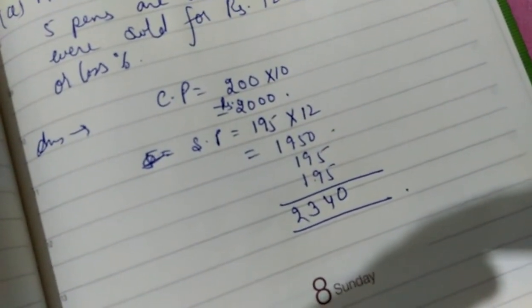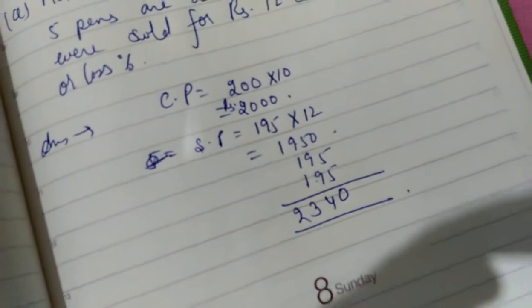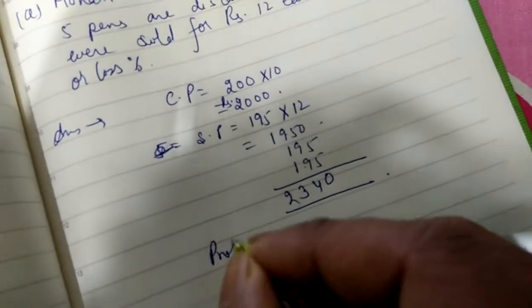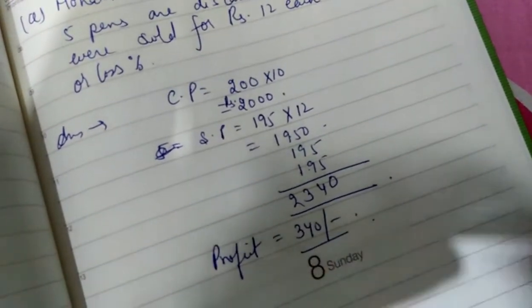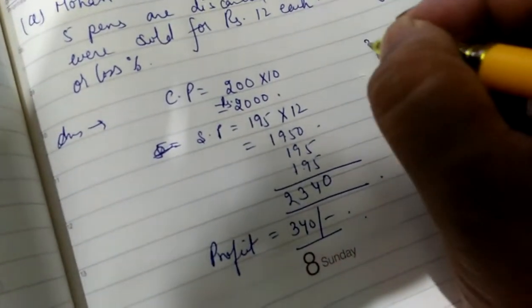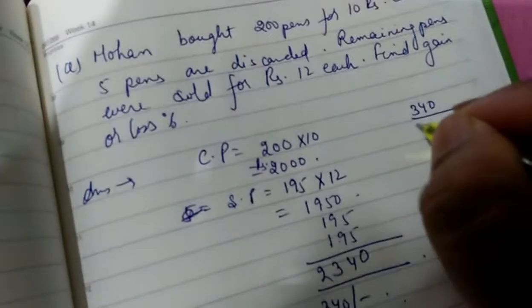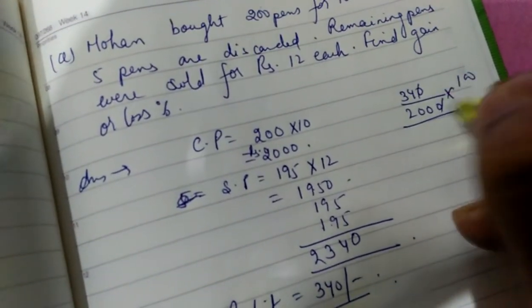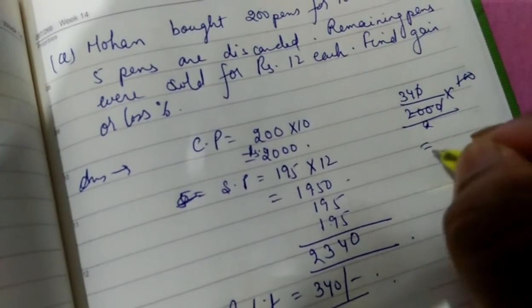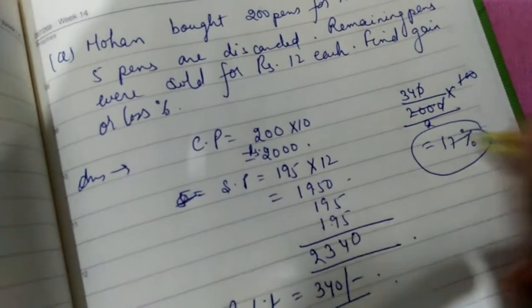Cost price is 2000. So profit is going to be 340 rupees. So gain or loss percentage is 340 by cost price 2000, into 100. Well, this comes around 17% profit.